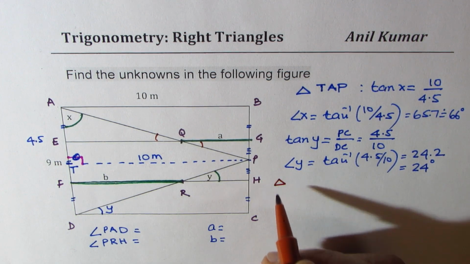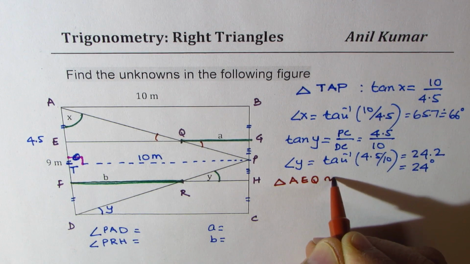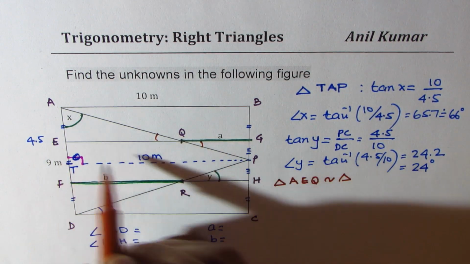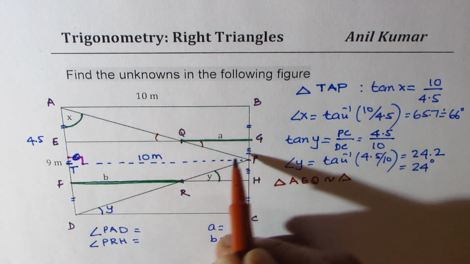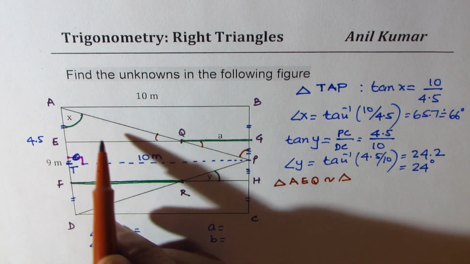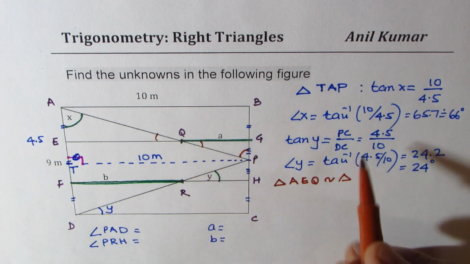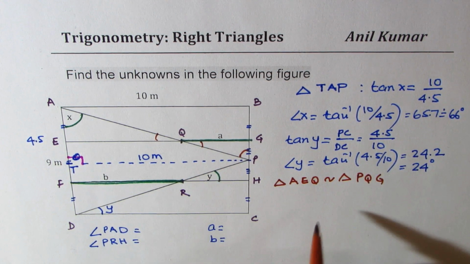So we have that the triangle AEQ is similar to triangle PQG. You can see these are parallel lines, right? These two are equal angles and these are equal angles. So AQE is similar to PQG.